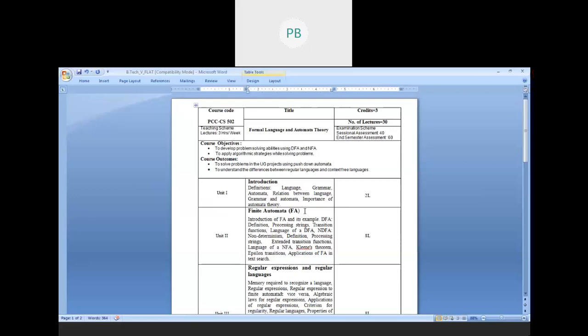So basically, as I told you yesterday, the particular course named Formal Language and Automata, which is also known as Theory of Computing or Theory of Computation, is basically the theoretical explanation of the computer system.